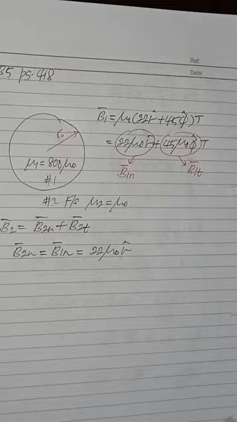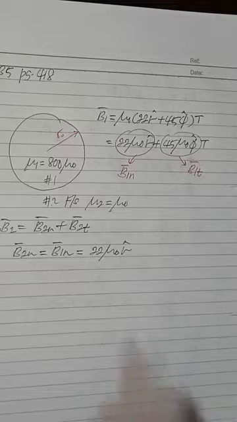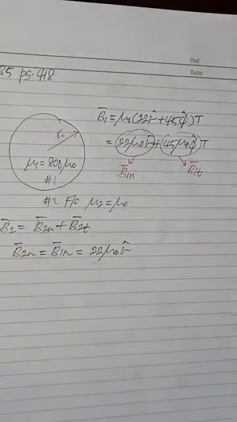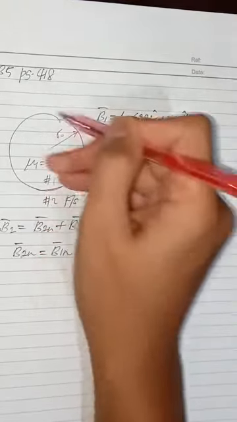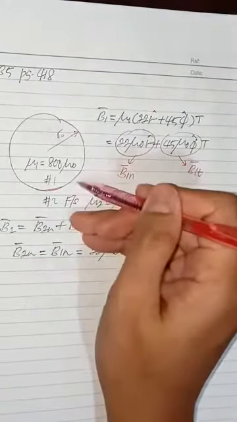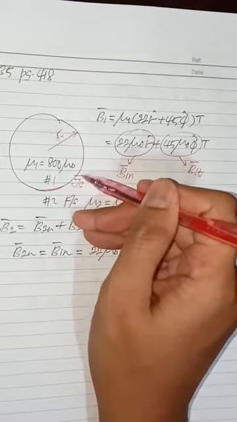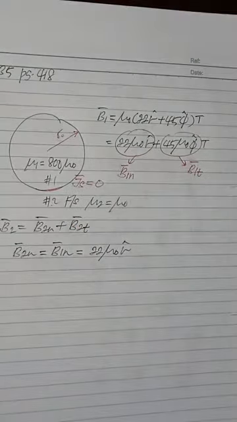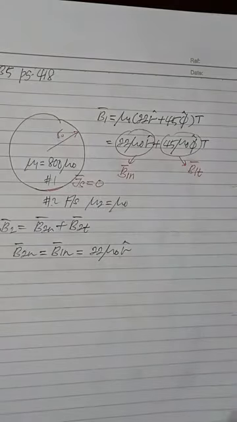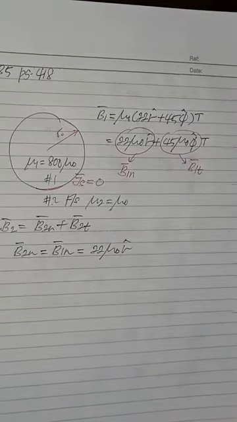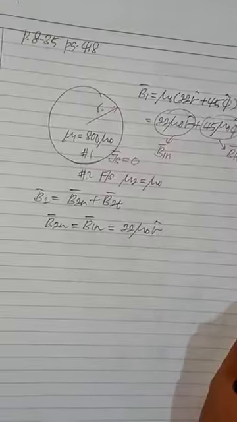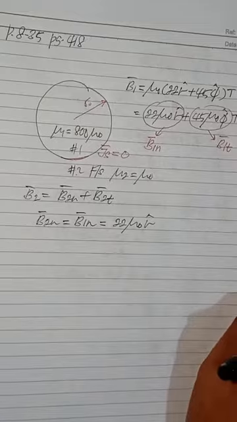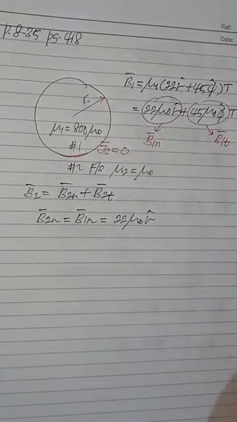Since the question doesn't mention anything about surface current density on the boundary, on the interface, we assume that no surface current density appears. To use the tangential component equation to find B2t, we assume there is no surface current density at the interface.